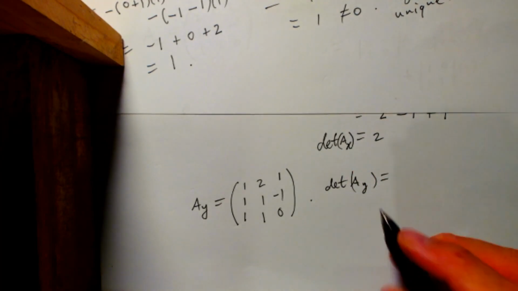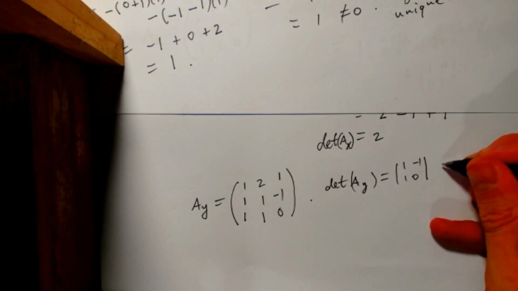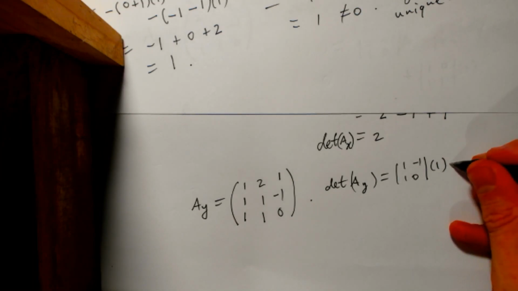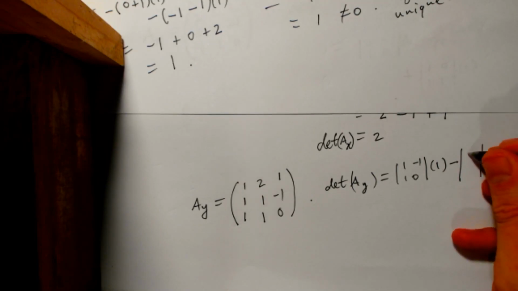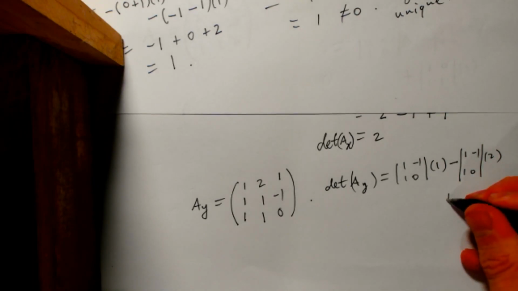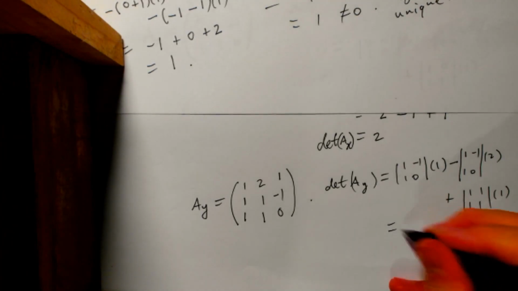So det of AY is equal to 1, minus 1, 1, 0, multiplied by 1. Subtract something times 2. Now the matrix is 1, minus 1, 1, 0 there, and then plus determinant times 1. This 2 by 2 determinant is 1, 1, 1, 1. Okay, let's simplify.